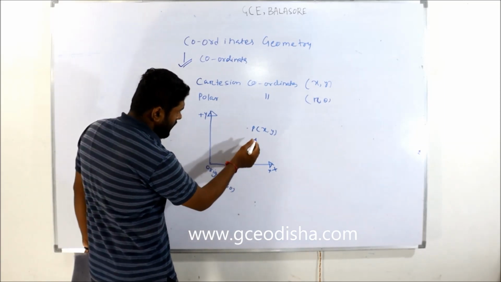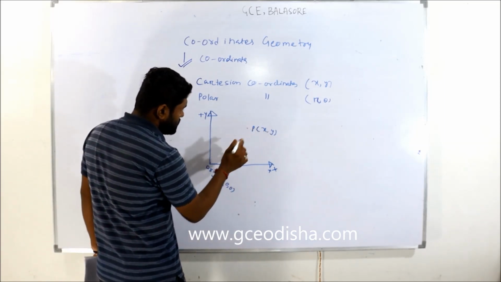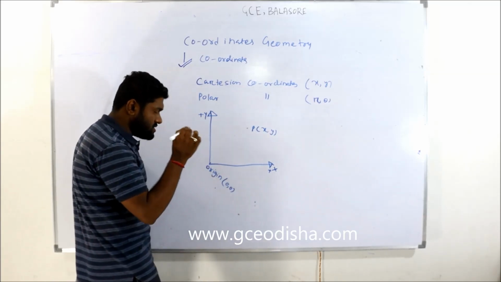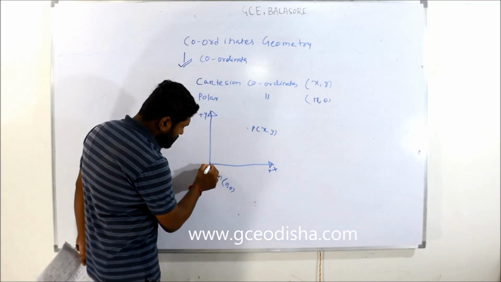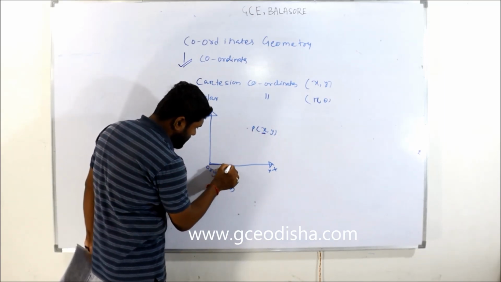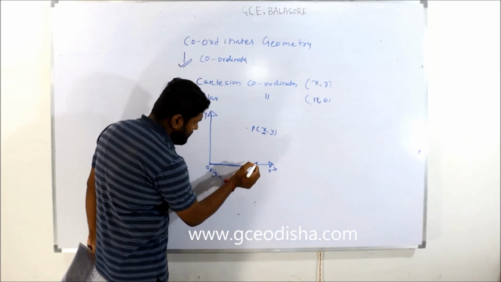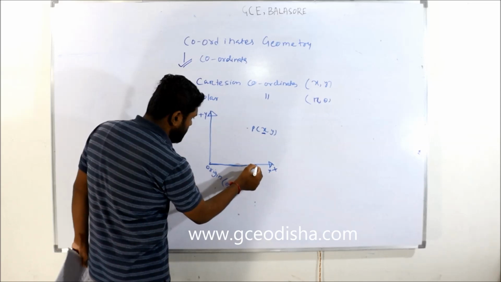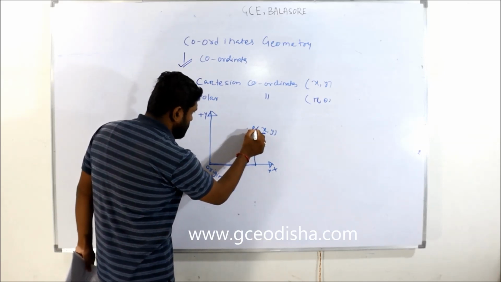The point P(x, y) means that when we start from the origin, we go x units in the positive x direction, after that positive y in the y direction, and the point will come here.